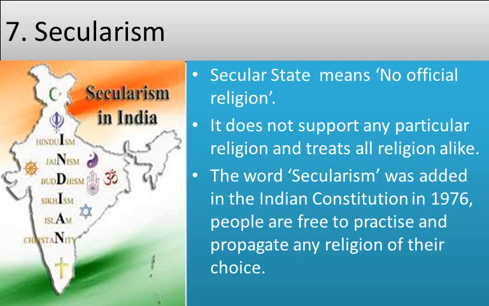So the word secularism, even the word socialism, and the fundamental duties, these were included in the Indian Constitution in 1976. And under secularism, people are free to practice and propagate any religion of their choice. If anybody wants to practice or propagate any kind of religion, they can do it.